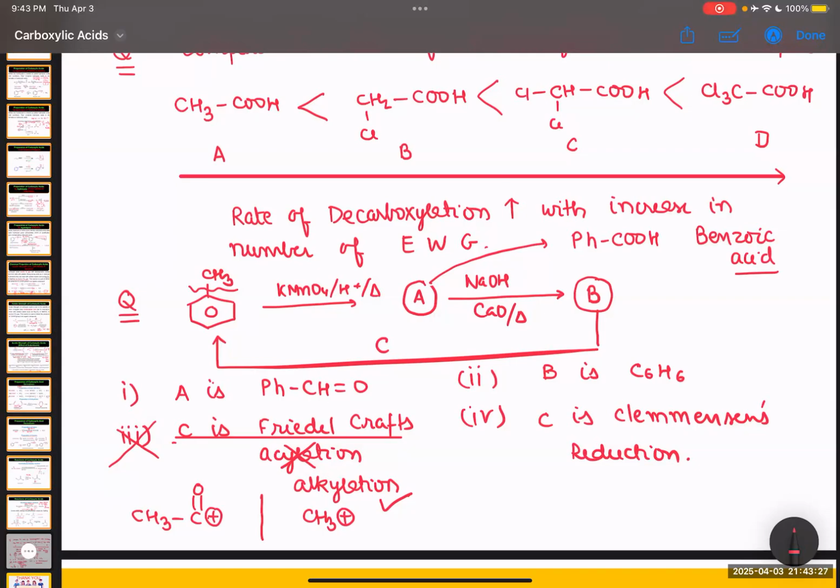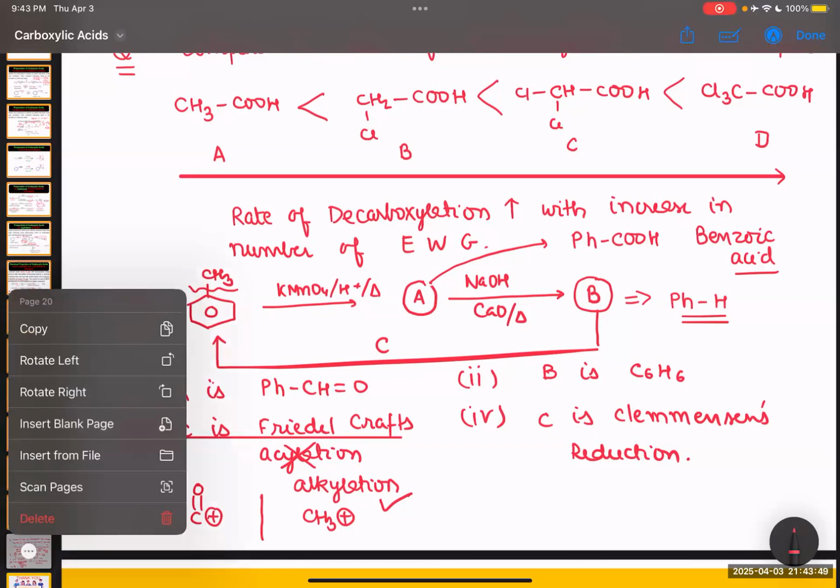Soda lime and heat means decarboxylation reaction. From the benzoic acid you are removing CO2, so this is benzene. And option C is Friedel-Crafts alkylation.